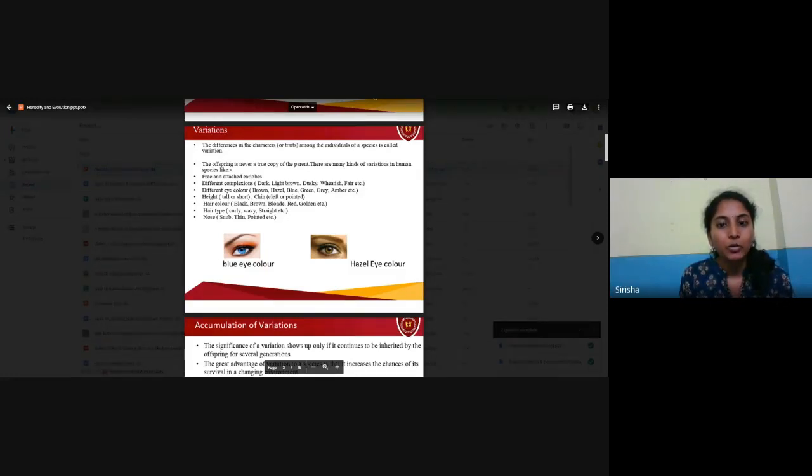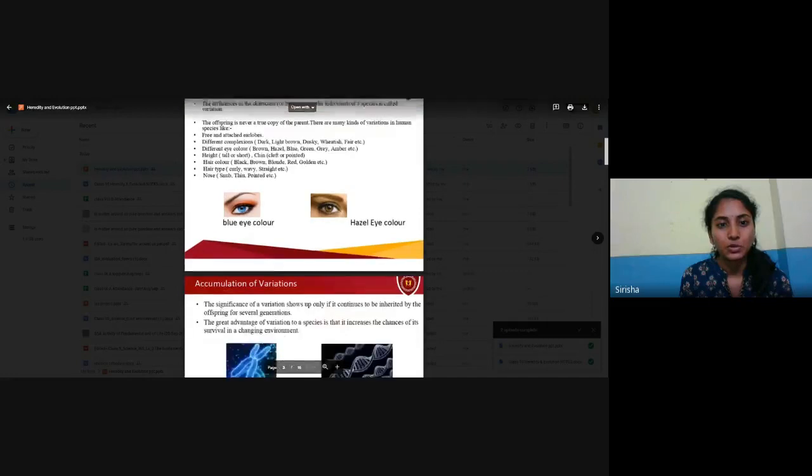Hair color: some will have black hair, some brown, some blonde. Blonde is a yellowish color. Foreigners will have blonde hair, right? Hair type: some will have curly hair like me, some straight hair. Nose: some will have a pointed nose, some a thin nose. So all these are nothing but traits.